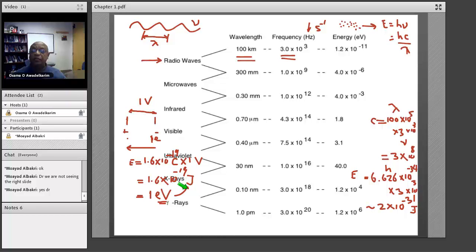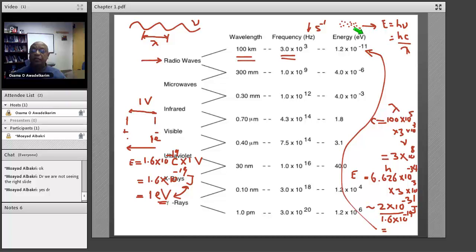It's a very small unit. So if I divide this here by 1.6 times 10 to minus 19, then I will get this photon energy in electron volts, and this is what I get. 1.2 times 10 to minus 11 electron volts.